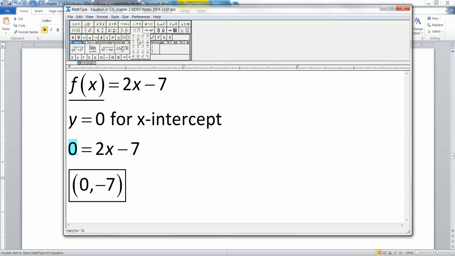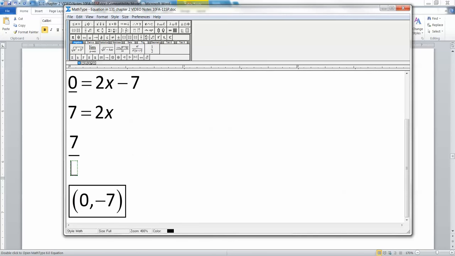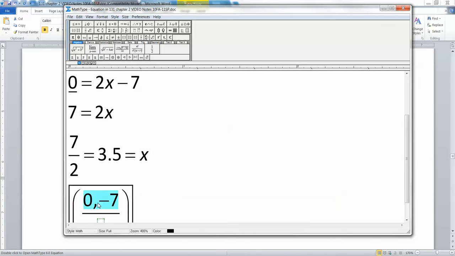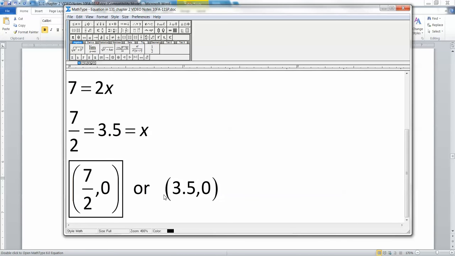So f of x turns into 0, and then you solve it for x. So you're going to add 7. So you're going to say 7 equals 2x, divide by 2, 7 over 2, which is 3.5, is equal to x. So your x-intercept is either 7 over 2, comma 0, or you could also say 3.5, comma 0. That's also perfectly valid.